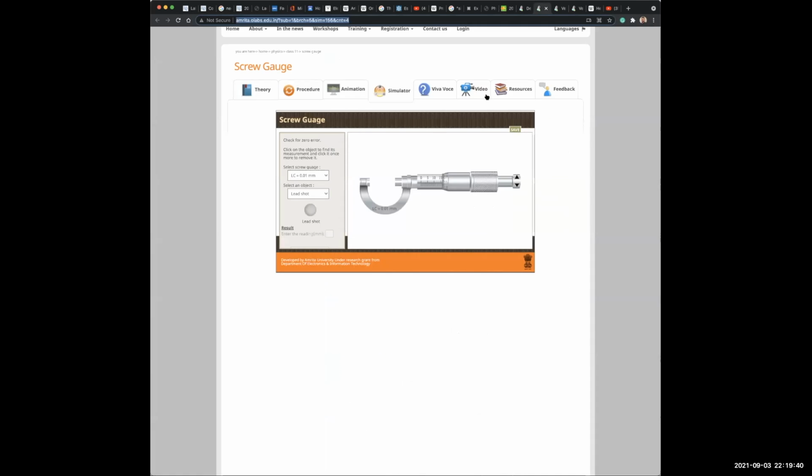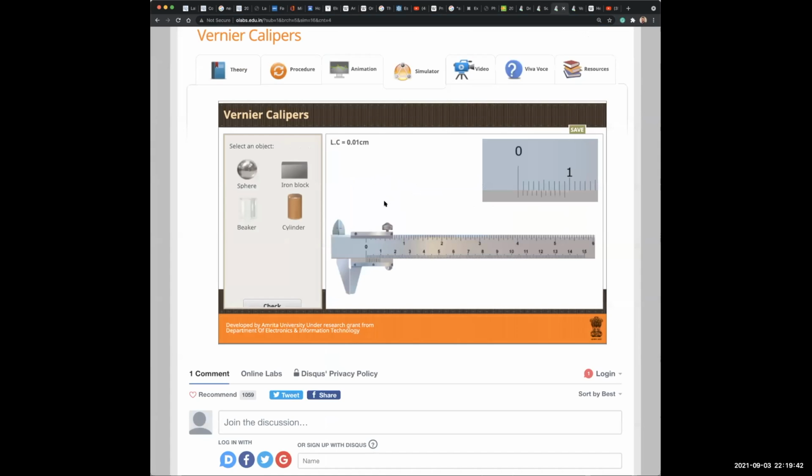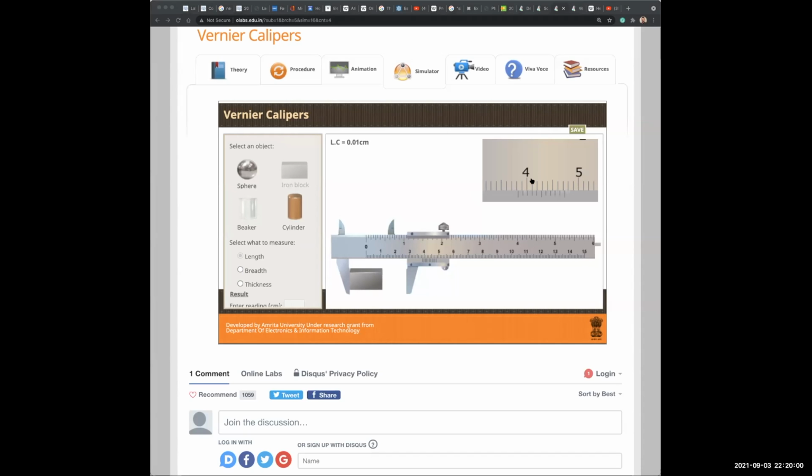So first things first, the micrometer one, or vernier caliper one. Let's go ahead and have the iron block. You close this down like here. See right here, this is called the main scale, and this is called the vernier scale here. Let me go ahead and, I forgot to add one last thing into your notes.